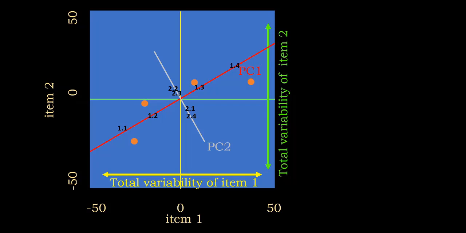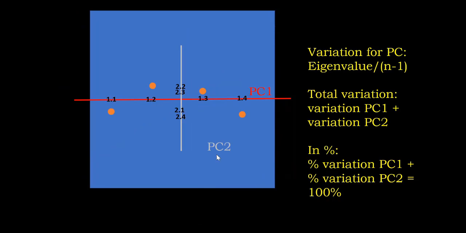But by rotating the principal components, we can add at least one more item. So the rotation puts principal component 1 in the x-axis and principal component 2 in the y-axis. And the observations changed location because they were rotated.